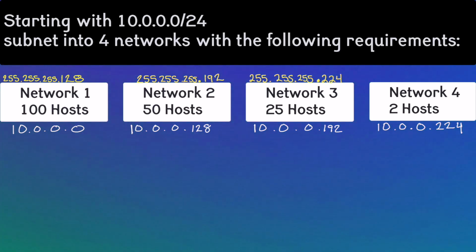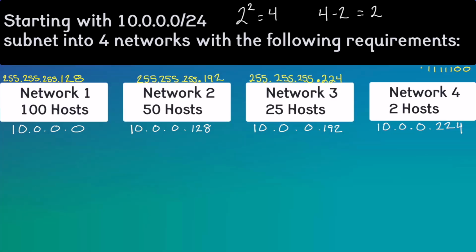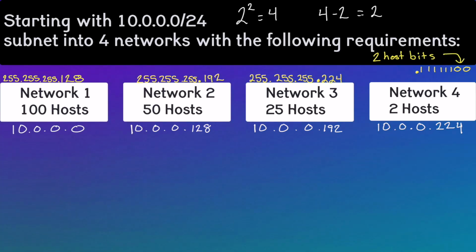Now I don't need a 5th network, but I'll use this 5th network calculation to get my broadcast ID for the 4th subnet. I know that in the 4th subnet, I need 2 hosts. 2 to the power of h minus 2 gives me a value of 2 to the power of 2, which equals 4. 4 minus 2 is 2. I'll need 2 host bits, and then I fill in the remaining with 1s.